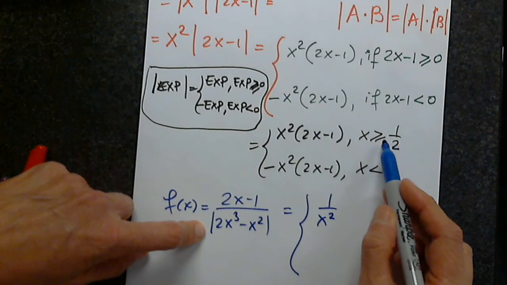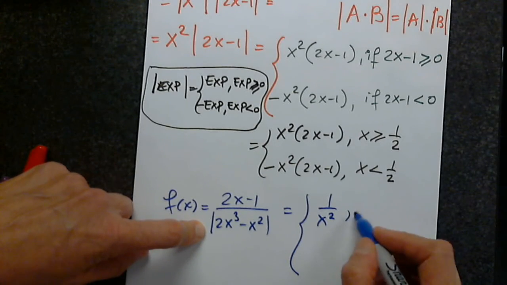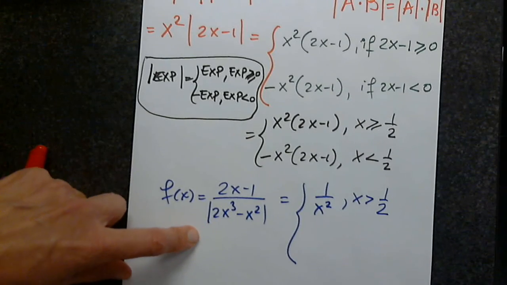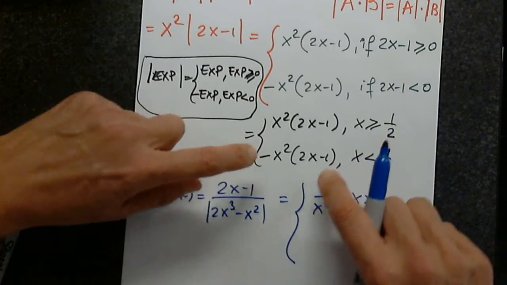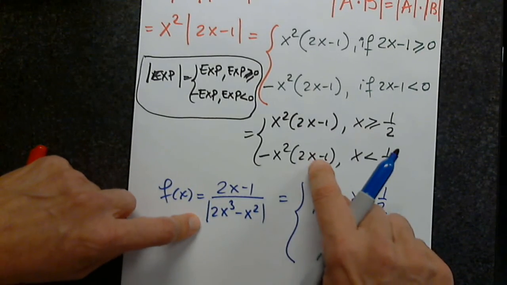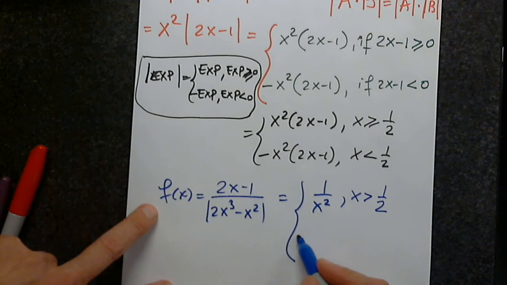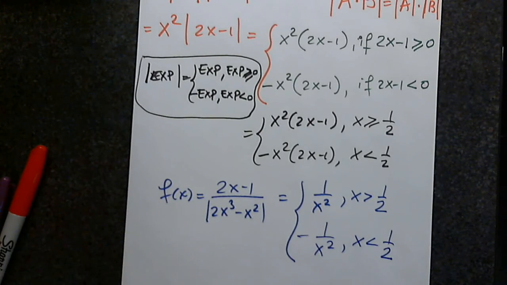I can no longer include the equal symbol because now this is in the denominator, so for x greater than 1/2. When the denominator is the other one, I still simplify 2x minus 1, but what is left is negative 1 over x squared for x less than 1/2.